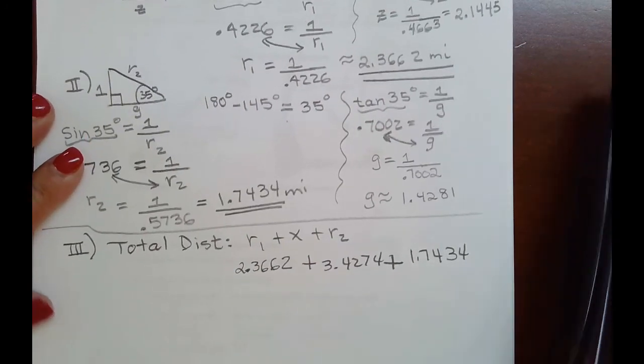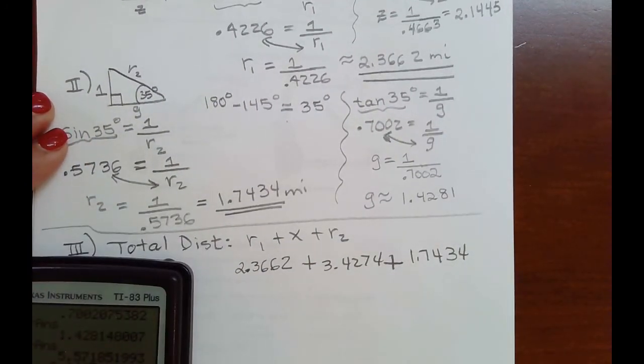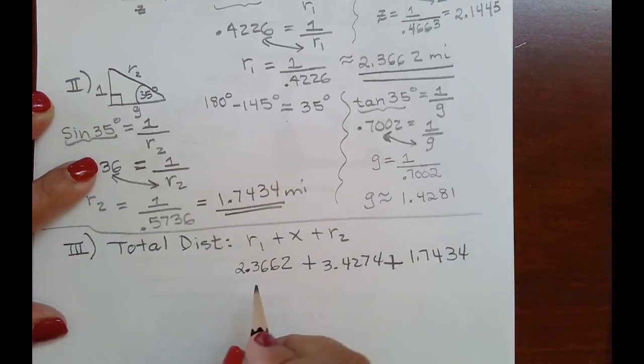Okay, so adding all those together, 2.3662 plus 3.4274 plus 1.7434. Checking on my numbers, and I get 7.537.